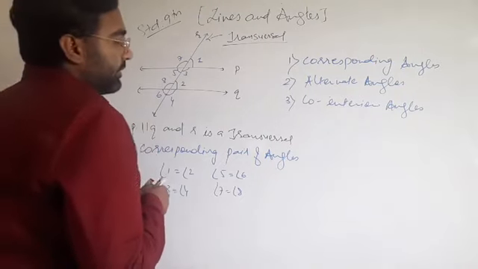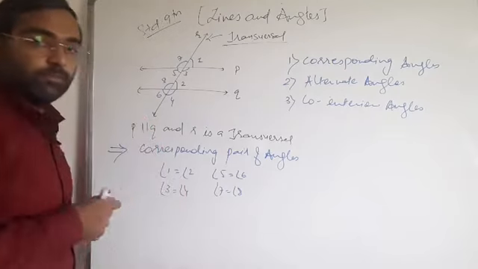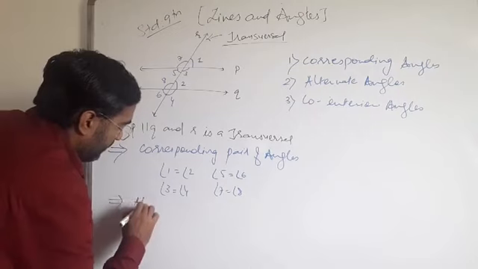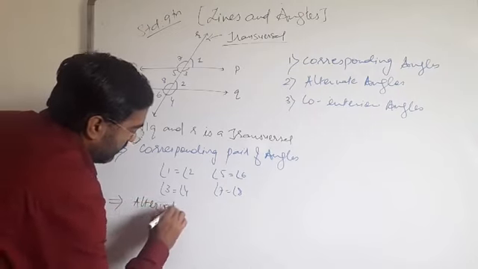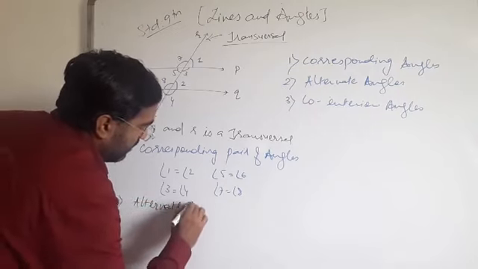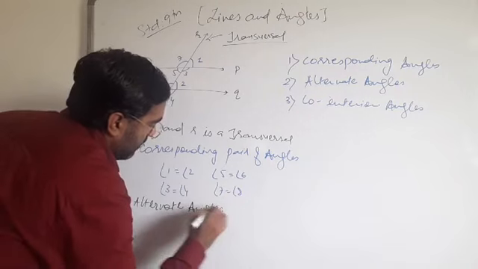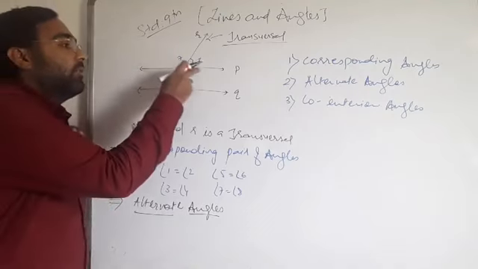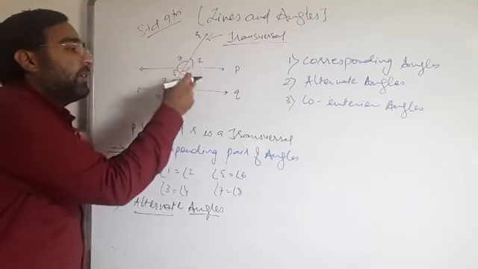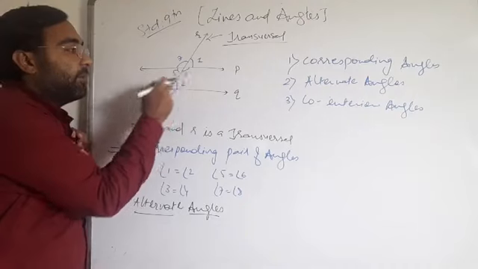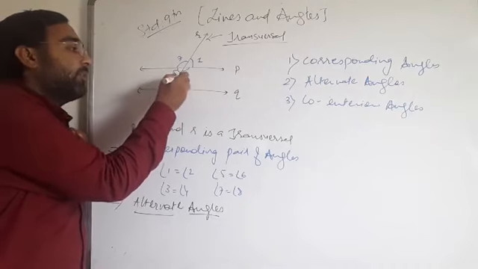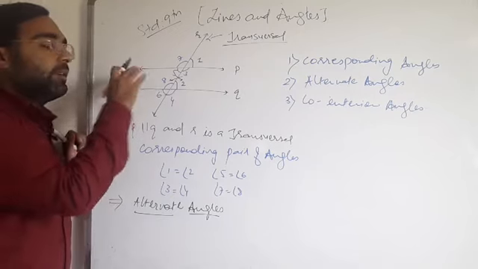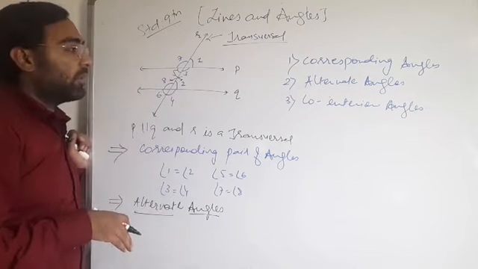For the alternate angles, that is in the interior part of the P and Q. Here is the interior part of P and Q, formed in the cross section.